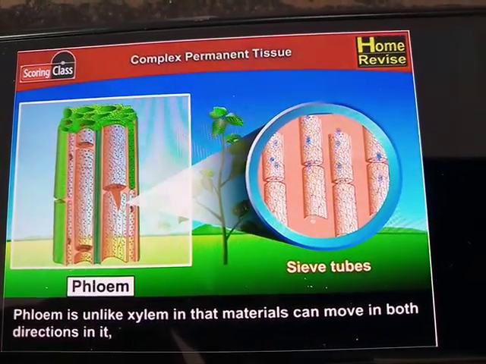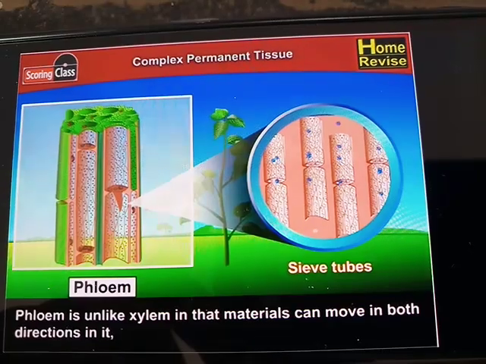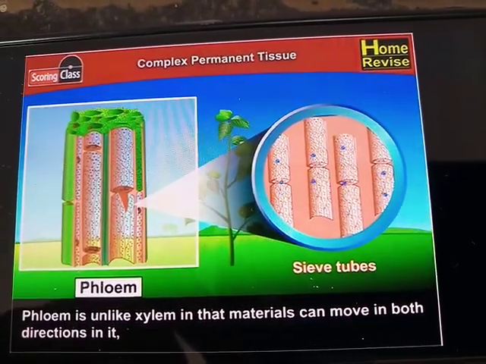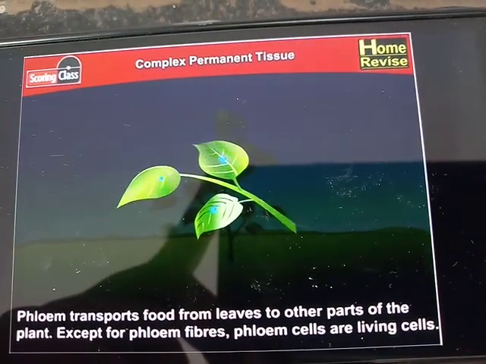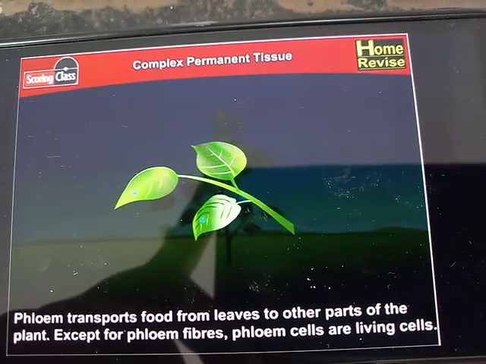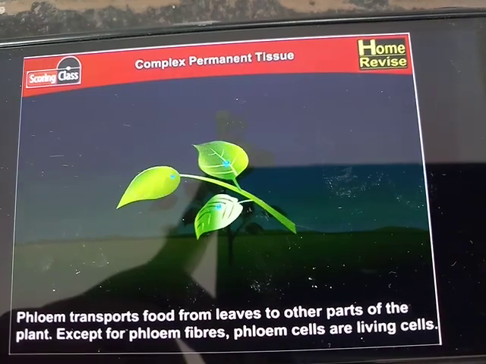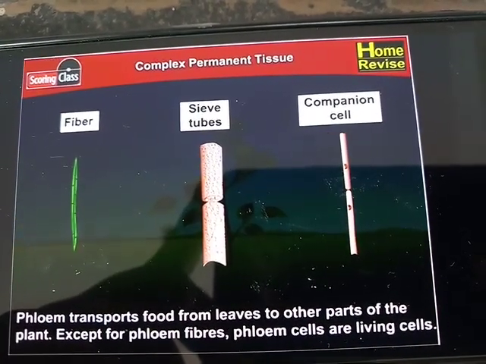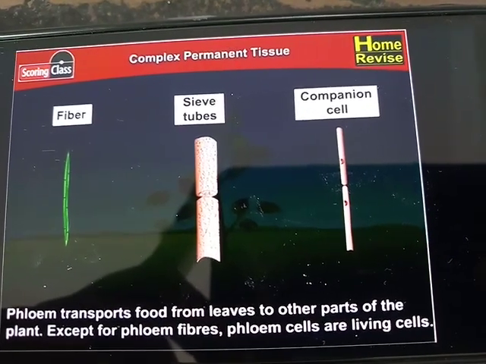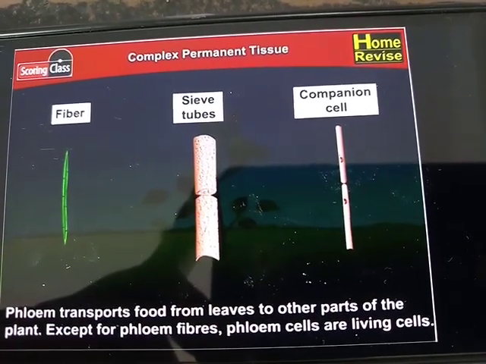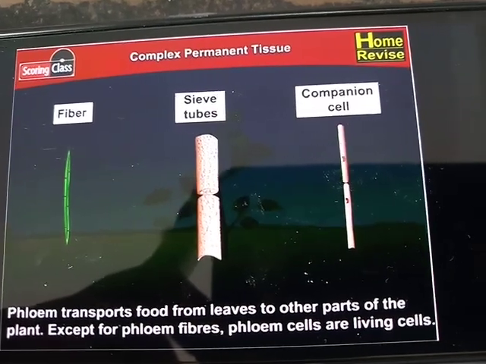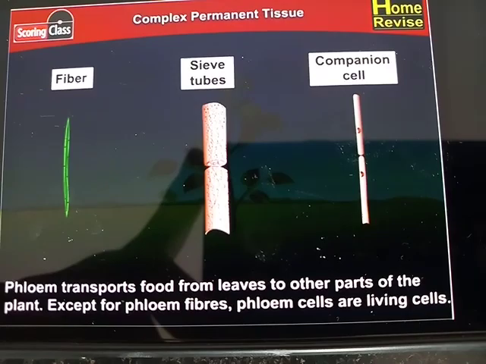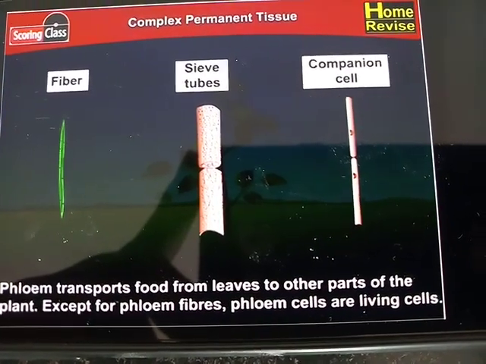Phloem is unlike xylem in that materials can move in both directions in it. Phloem transports food from leaves to other parts of the plant. Except for phloem fibers, phloem cells are living cells. Phloem parenchyma also helps to store food materials, and phloem fibers give support and strength to the remaining elements of phloem.